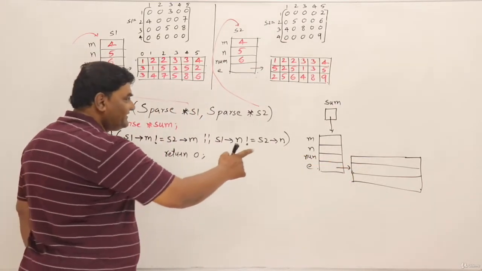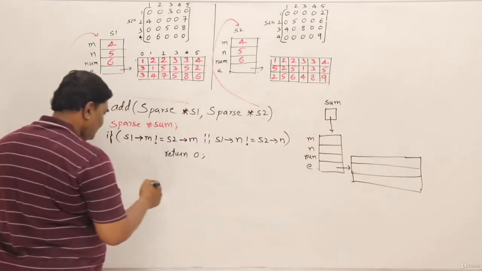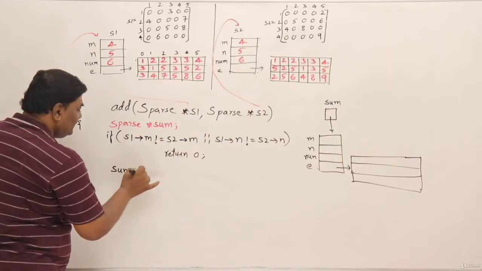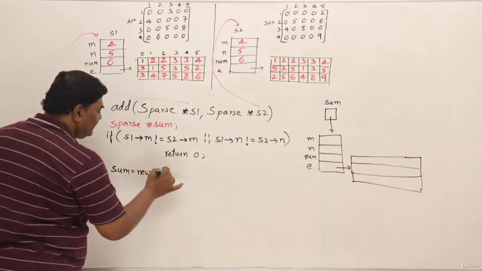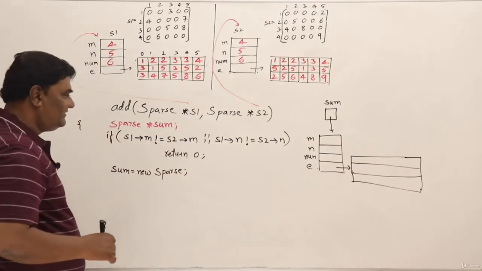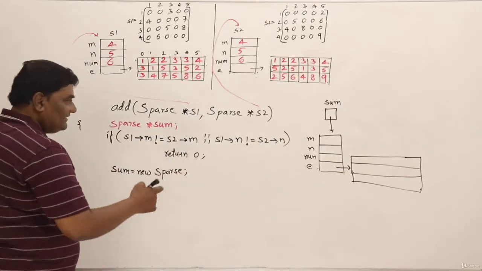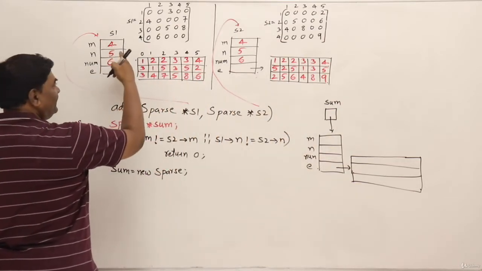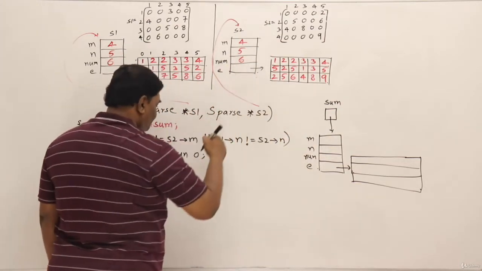So first of all, let us create this object. I should say sum assign new sparse, and the object is created. Then here I should fill the dimensions. I can take the dimensions from either S1 or S2.